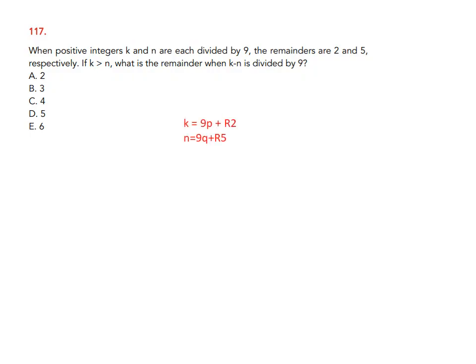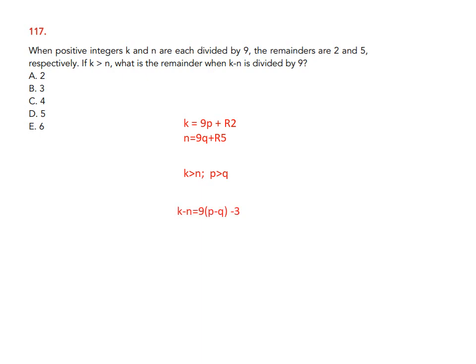Now let us use the same style of equation. k equal to 9p plus 2, where 2 is the remainder, and n equal to 9q plus 5. Now notice the condition is k greater than n. Hence, obviously, p is greater than q.